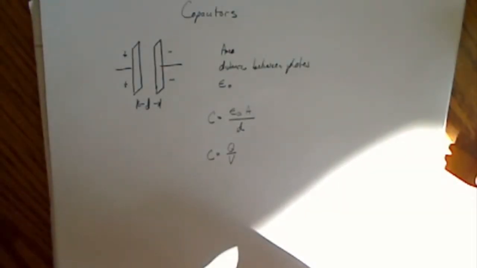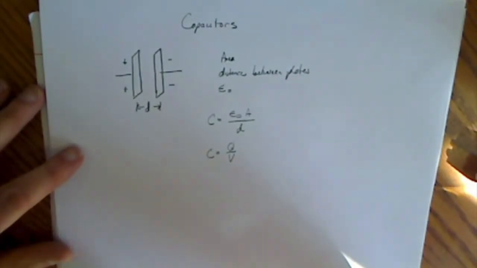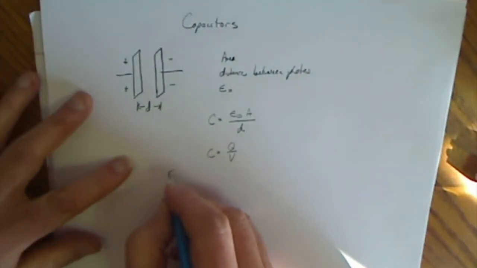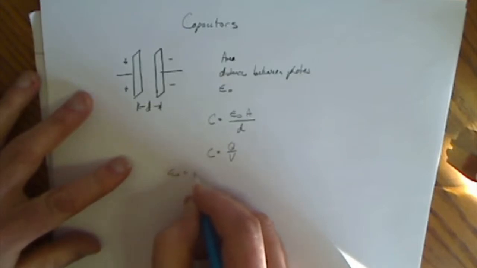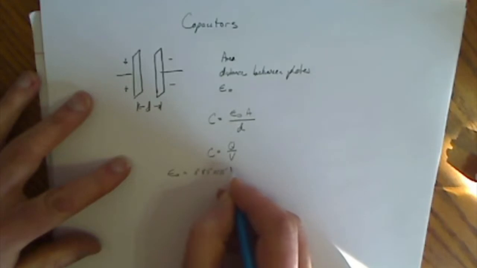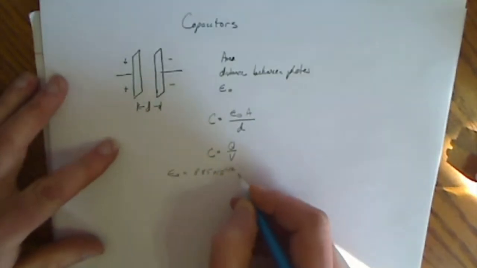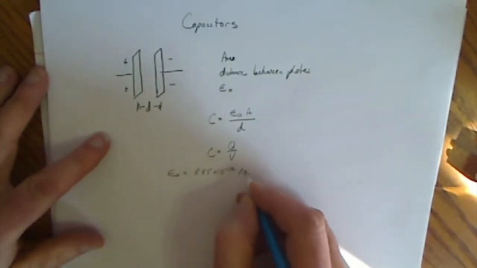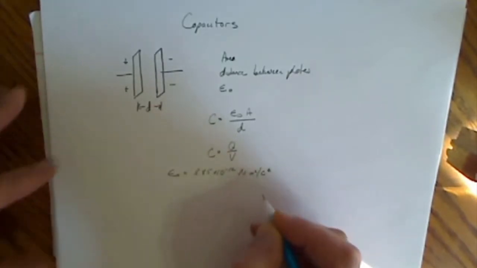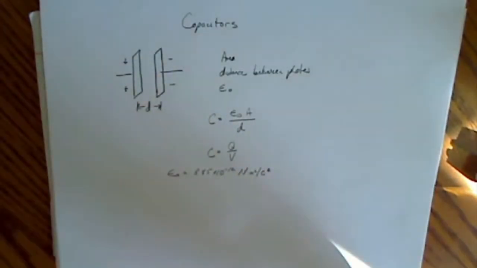So far, so good. Okay, so the permittivity of free space is 8.85 times 10 to the negative 12 Newton meters squared per coulomb squared. It's actually just the reverse units that you'd have for K, the electrostatic constant.